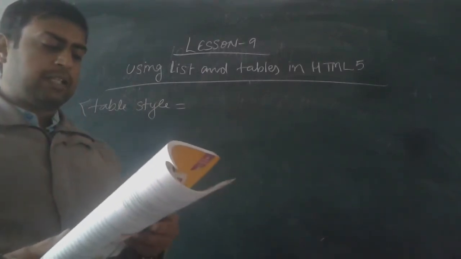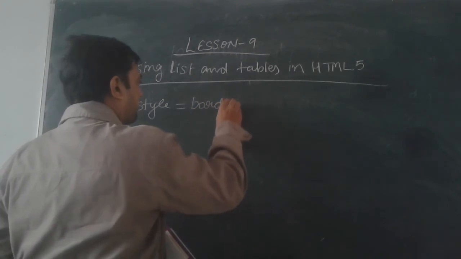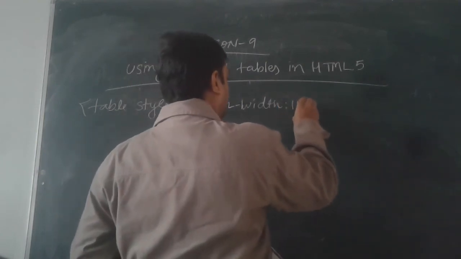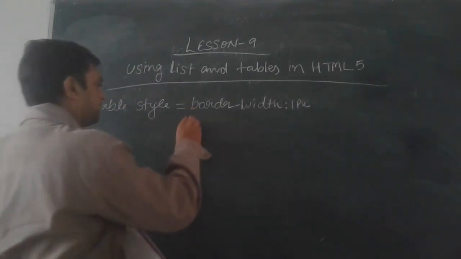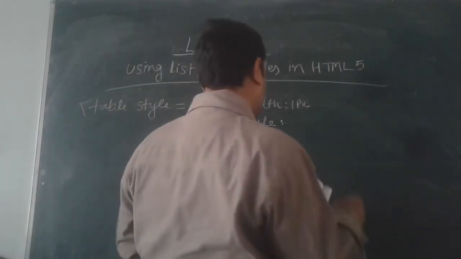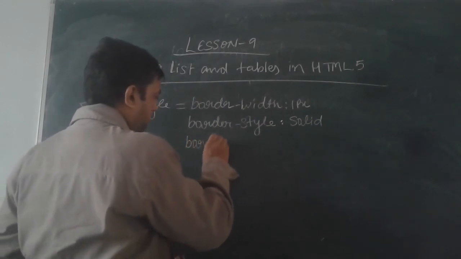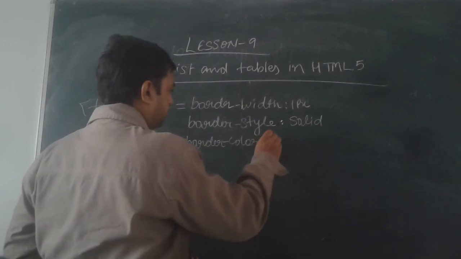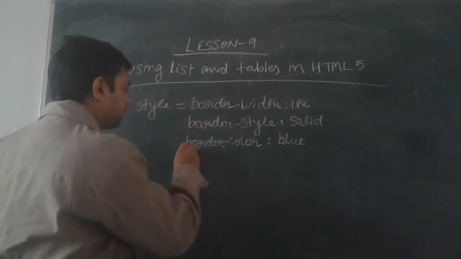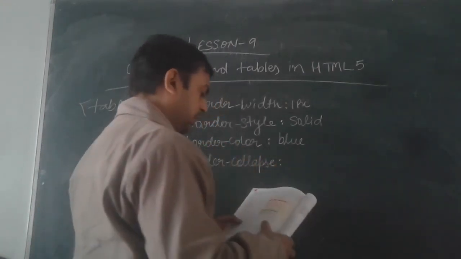Now in this method we can write the CSS in the style attribute inside the tag, like border width 1px, then border style solid, then border color blue, then border collapse.